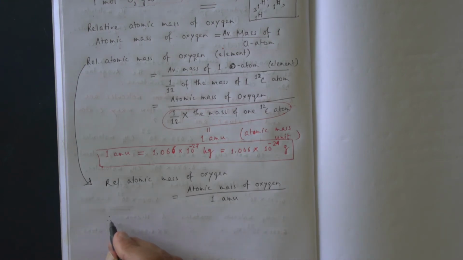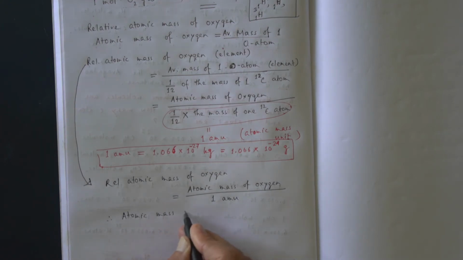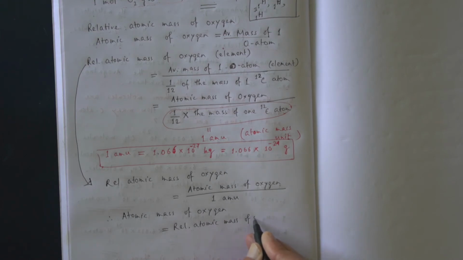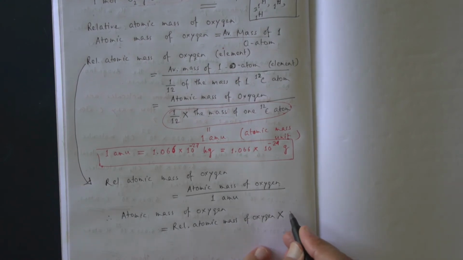Hence, atomic mass of oxygen equals relative atomic mass of oxygen into 1 AMU.